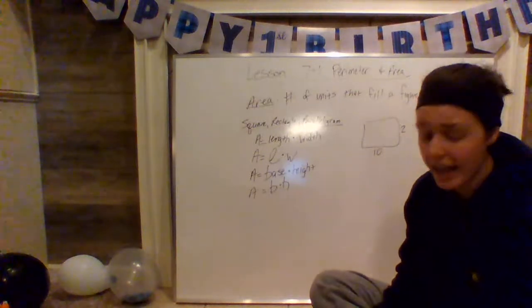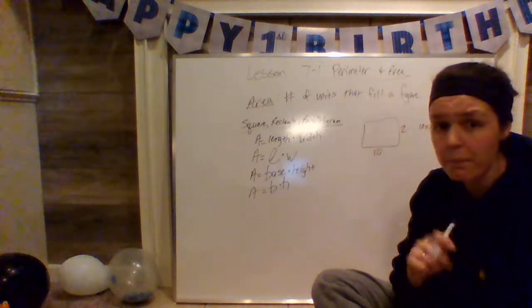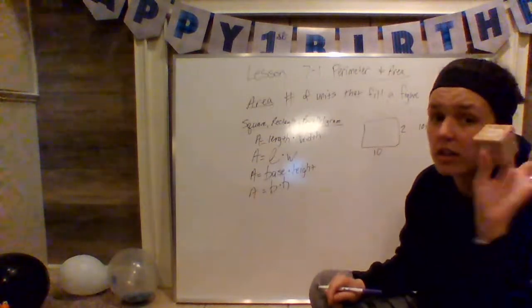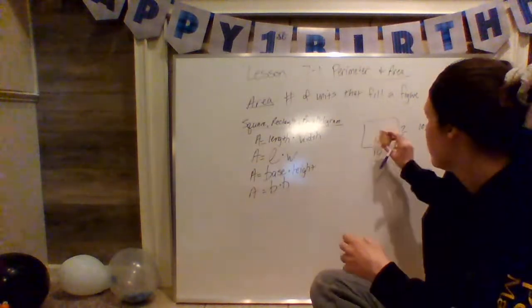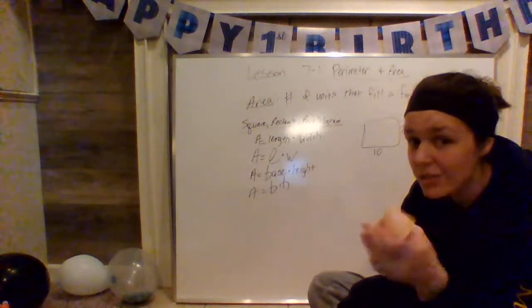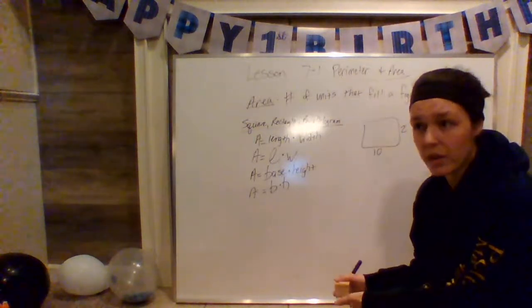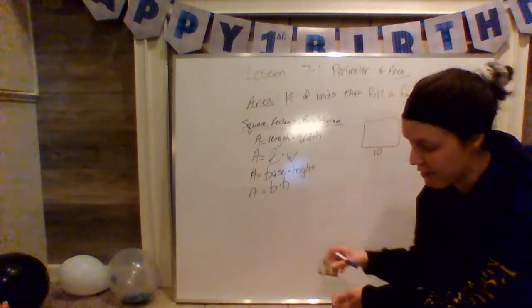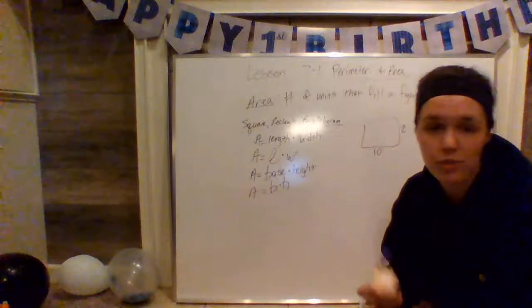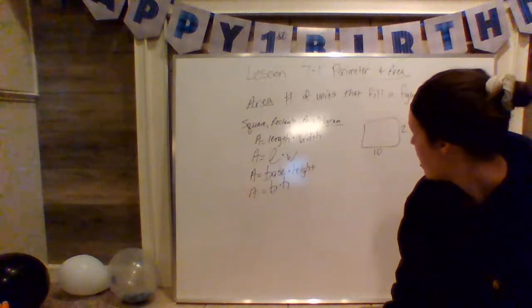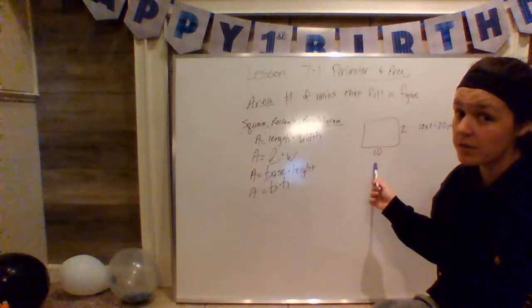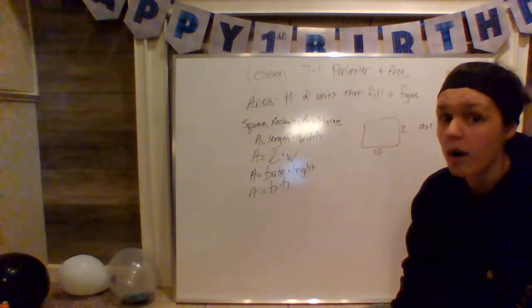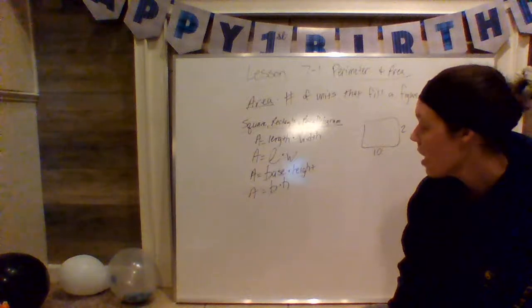So that means it takes 20 1 by 1 blocks to fill this in. Back to the rectangle, it was a 7 by 6? That means it would take 42 blocks to fill that rectangle in, and sorry if I keep saying square, okay? Perimeter of this, 10 plus 2 plus 10 plus 2, that's 24 meters, all right?